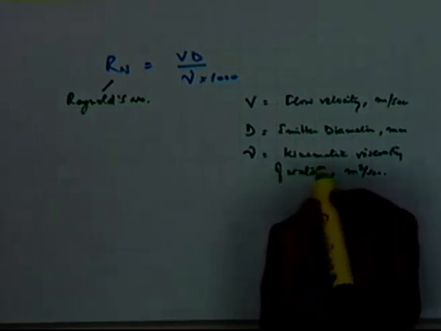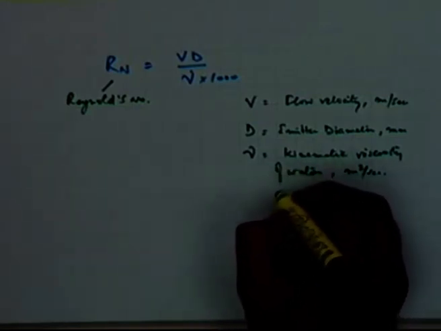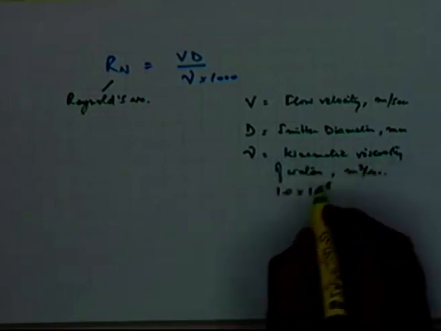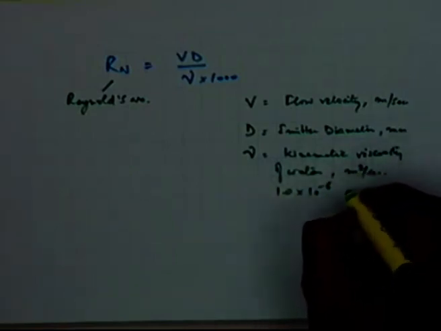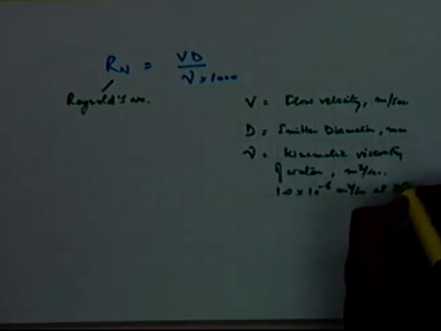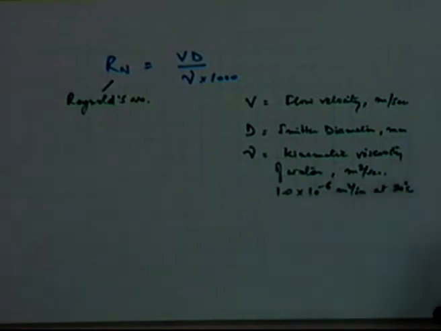Normally the value of kinematic viscosity is taken as 1 into 10 power minus 6 meters square per second at 20 degrees centigrade.